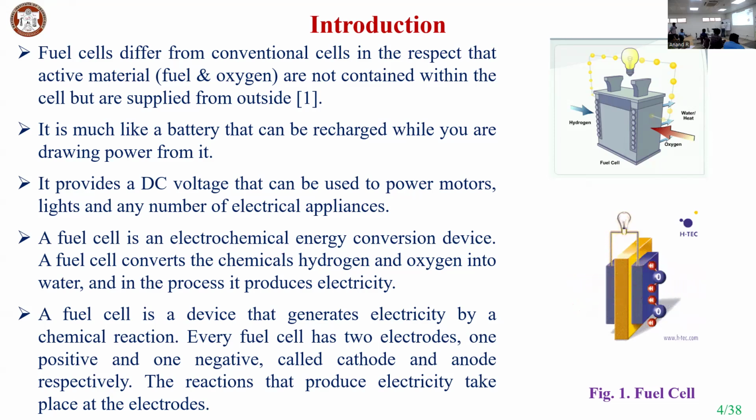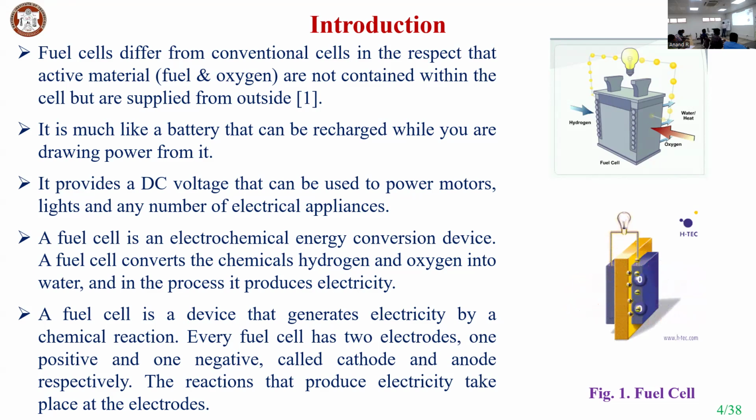Normally the hydrogen comes from the surroundings and enters the chamber where the anode is, where hydrogen is converted into H plus and electron minus. The electrolyte is available between anode and cathode, and is used to permit only the positive ions towards the cathode.